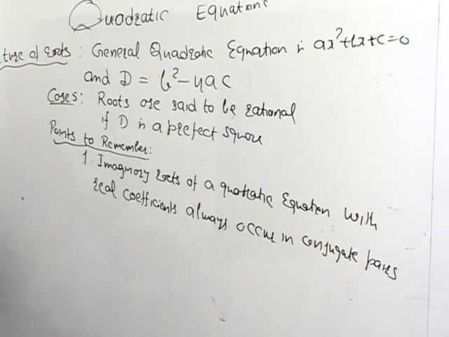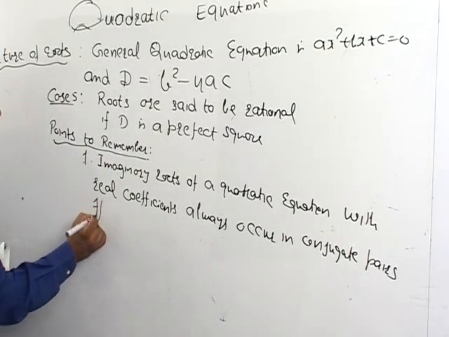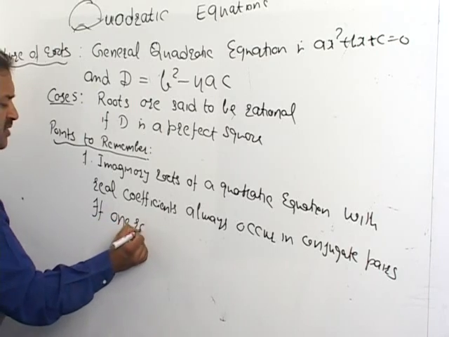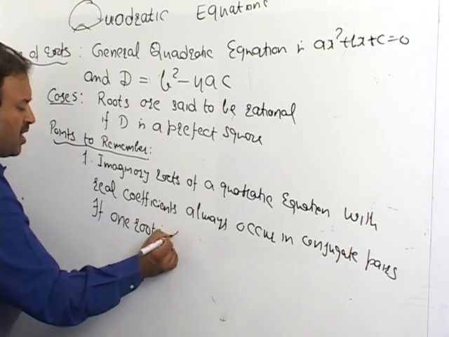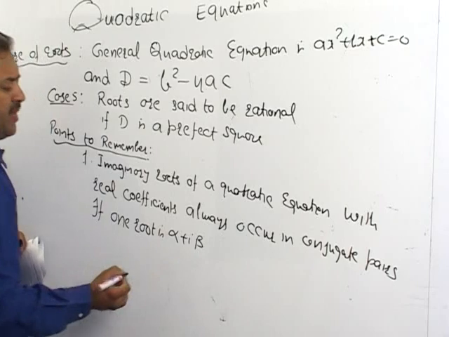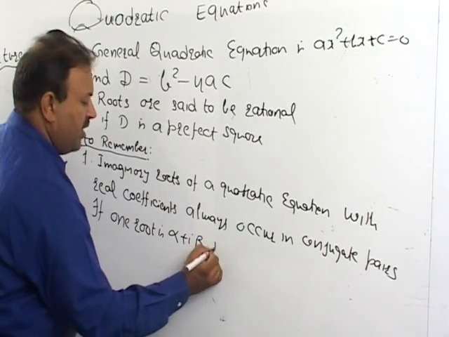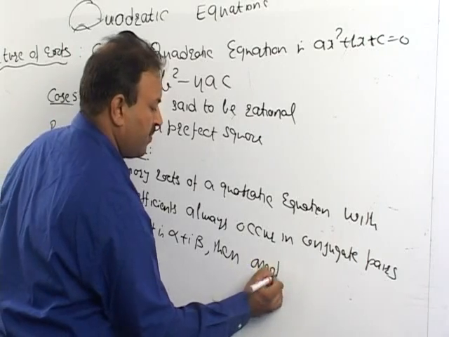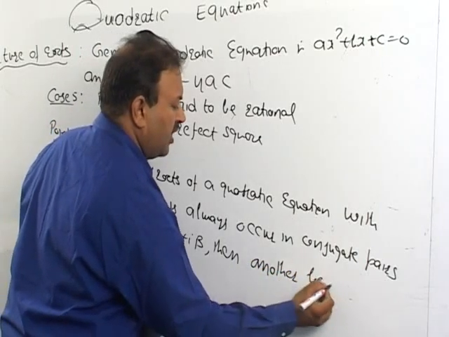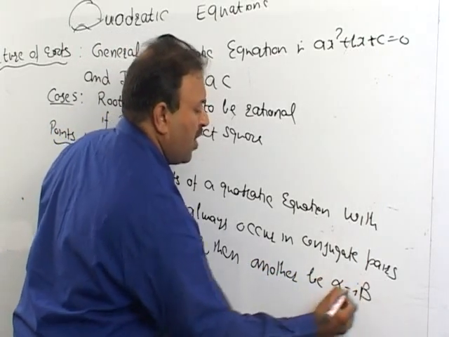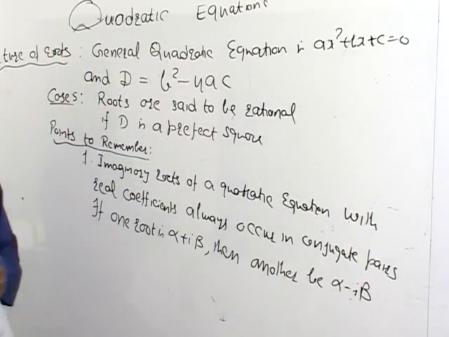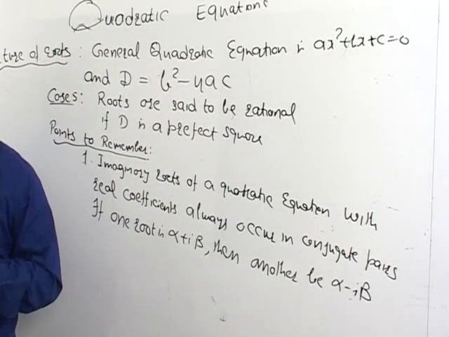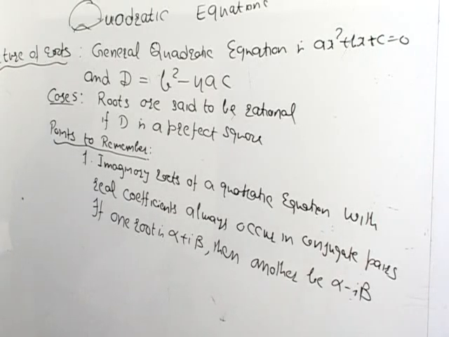Conjugate pairs means if one root is alpha plus iota beta, then another root is alpha minus iota beta.